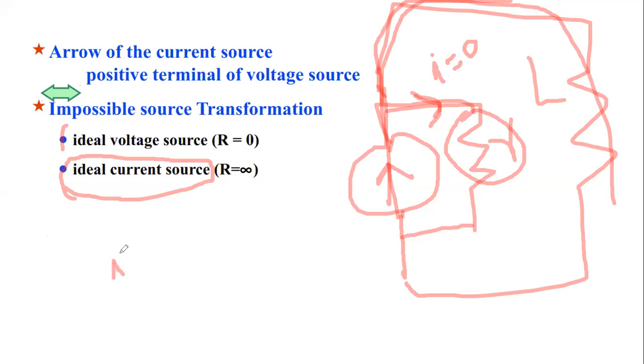Current can always be 0 only if R is infinity. R infinity means open circuit, then only current is 0. So that's why for an ideal current source, we always want R to be infinity.